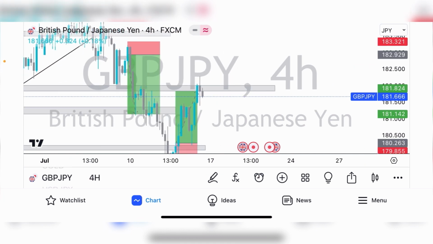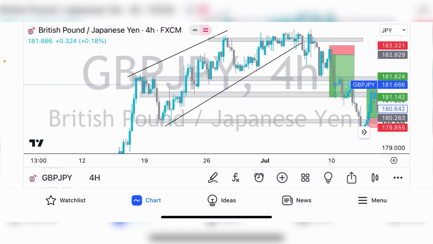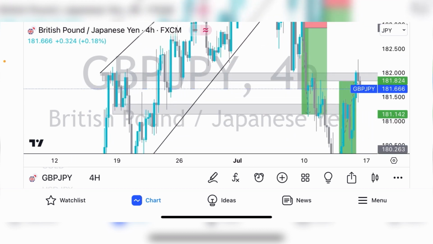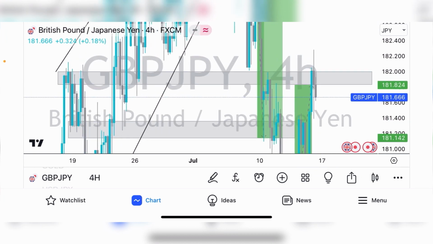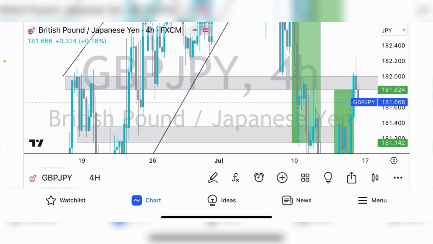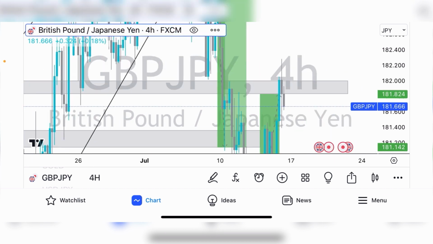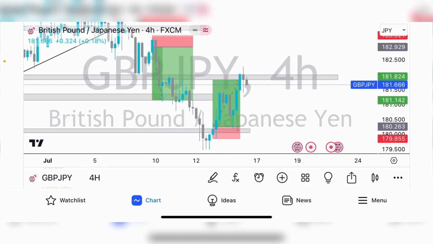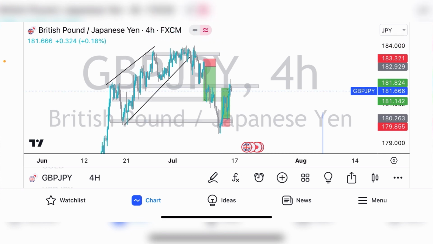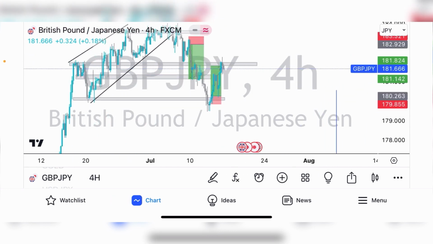This is last week's trade. So as you can see, at 181.824, around price 182, there was a resistance. There's a resistant block, as you can see right here, that I put already, and it's indicating that the market from here can actually start reversing all the way to the downside.